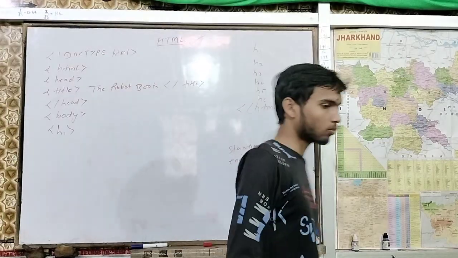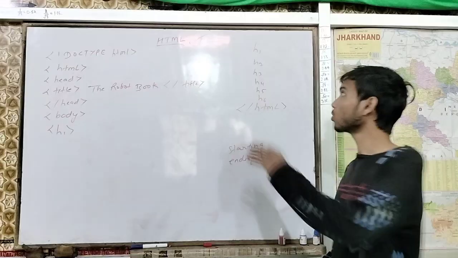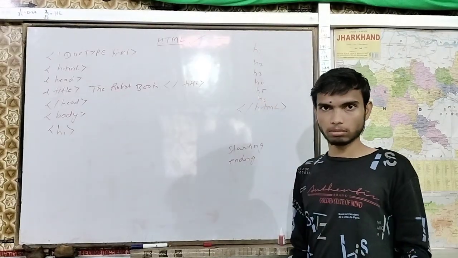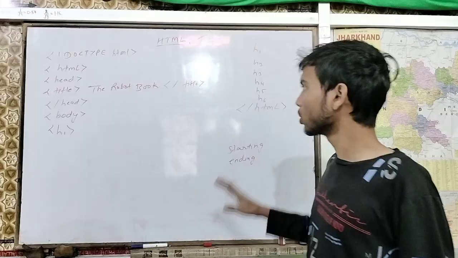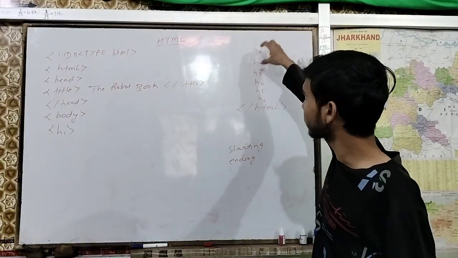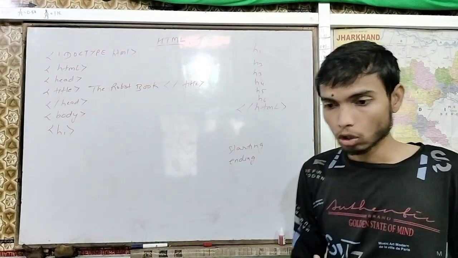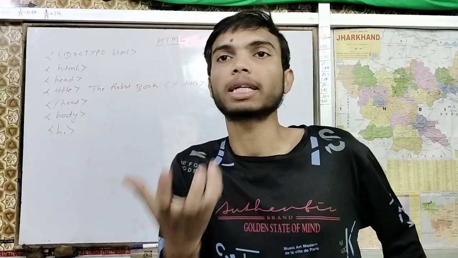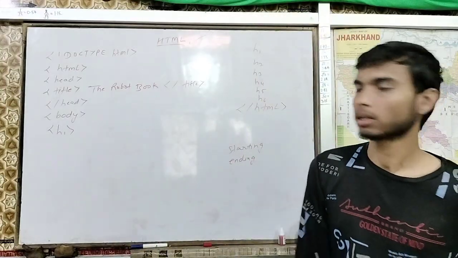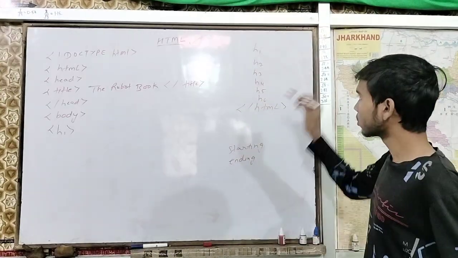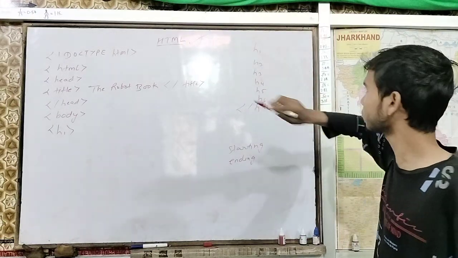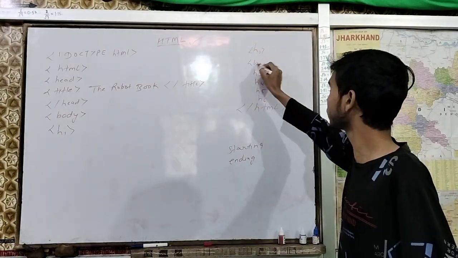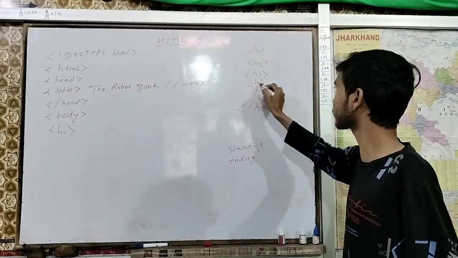The difference is that all these are text. Okay, all these will be text. When we use these tags, of course you will be giving headings to your website. Now let's see what is the work of all these tags.